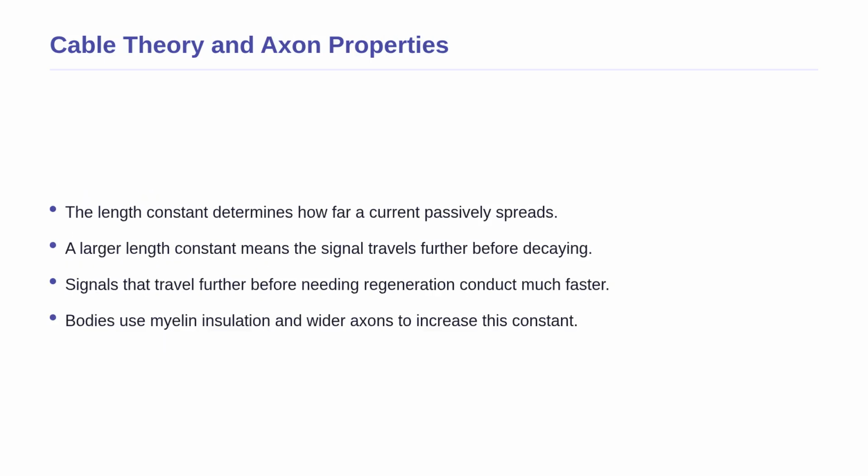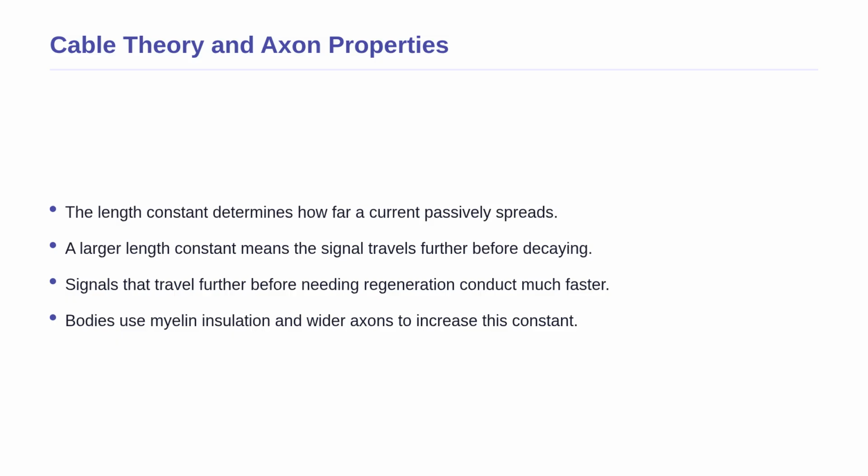Now that we have calculated basic velocity, we must ask why some nerves conduct signals so much faster than others. To truly understand this, we must look at the physical properties of the axon using a concept from cable theory called the length constant. The length constant determines how far an electrical current can passively spread down the axon before it decays and loses its strength.